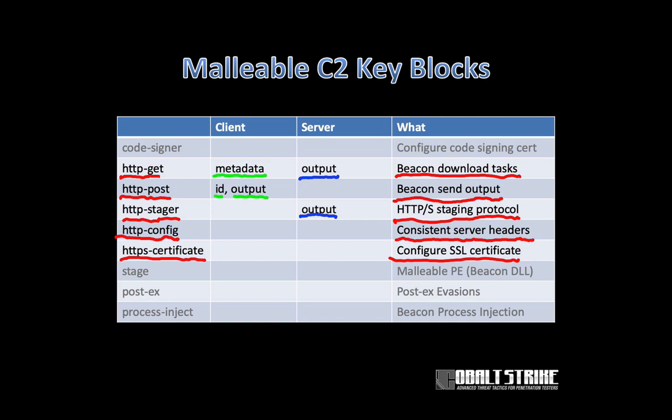And there's a few other ones here: stage, postex, and process inject. We'll go into those with more detail later. A code signer, I'm not going to mention in this course, unfortunately, but I recommend you take a look at it. This is a block where you can configure a code signing cert, because Cobalt Strike, when it exports an executable or DLL, does give you the option to sign those files if you have a code signing cert.